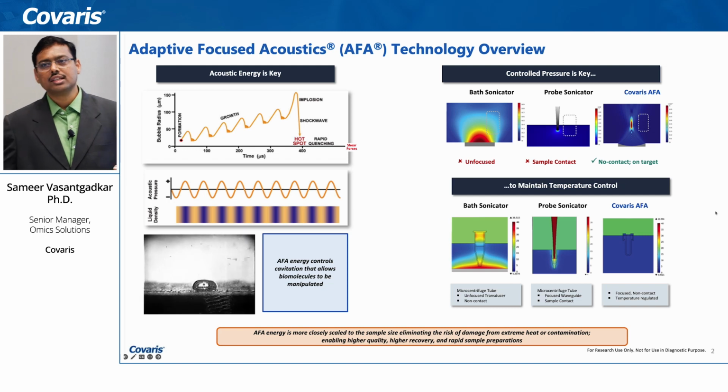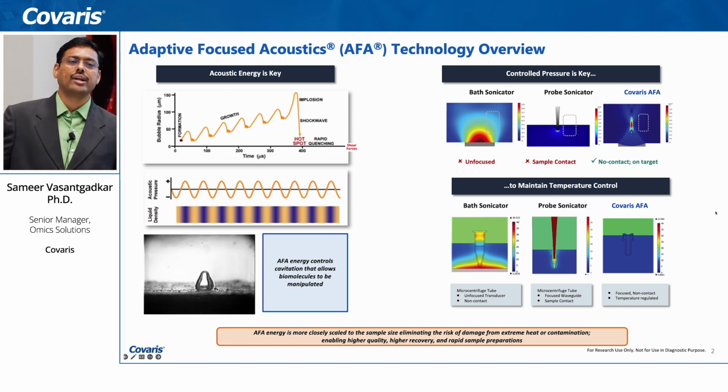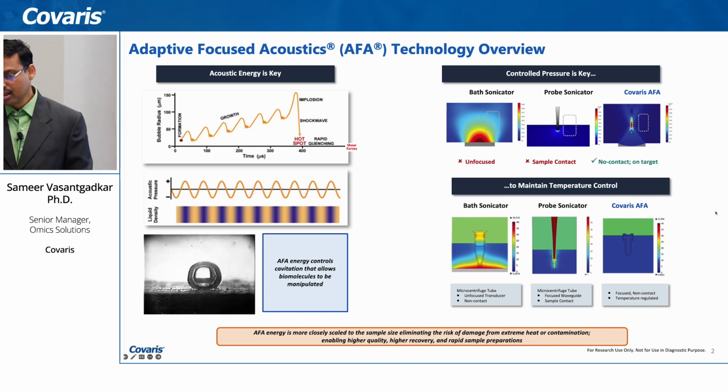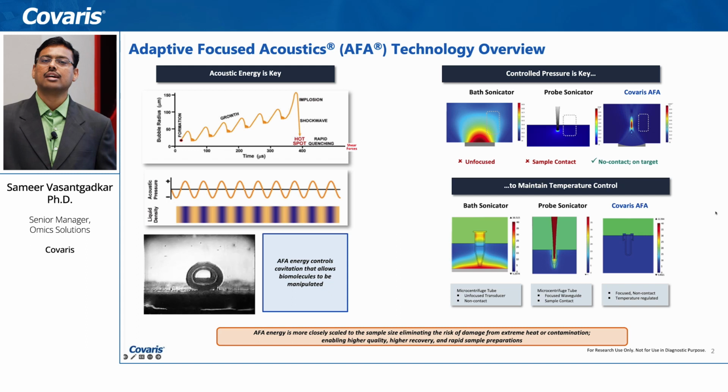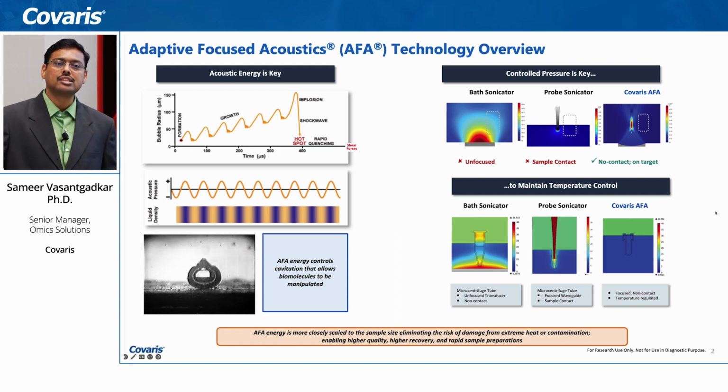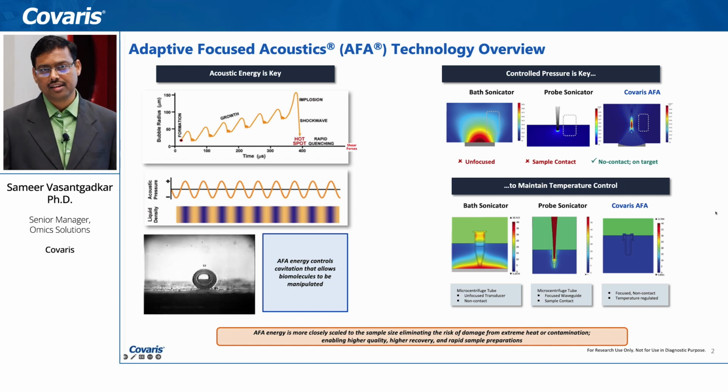The outcome of this is you get biomolecules of very high quality and high quantity that are available for downstream processing. The technology essentially utilizes high frequency focused ultrasonic waves, wherein the focal point is kept inside the sample vessel, which ensures efficient sample processing.